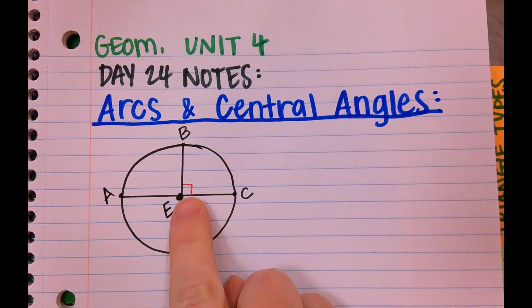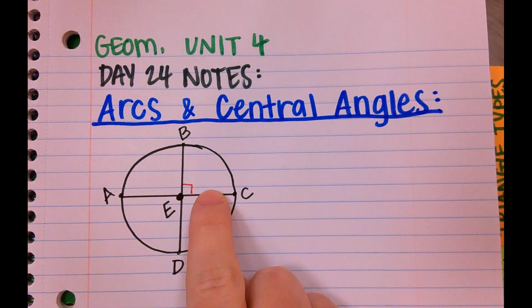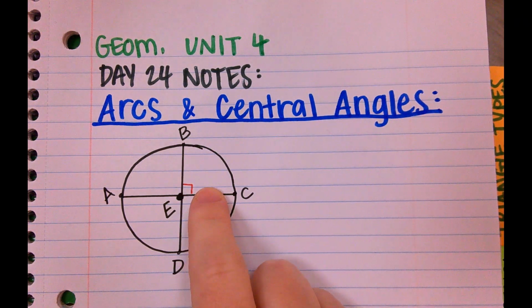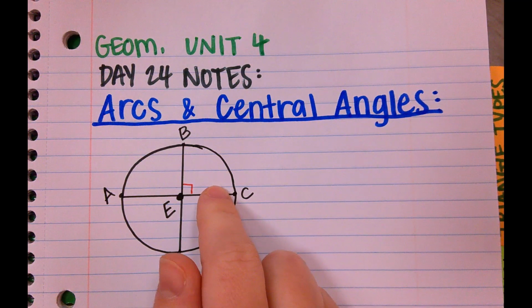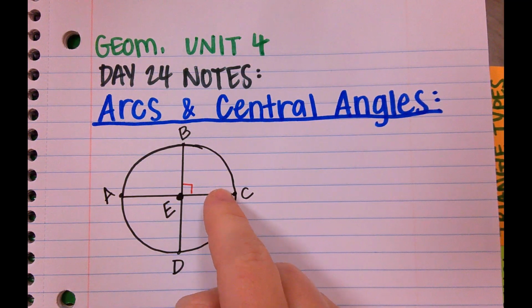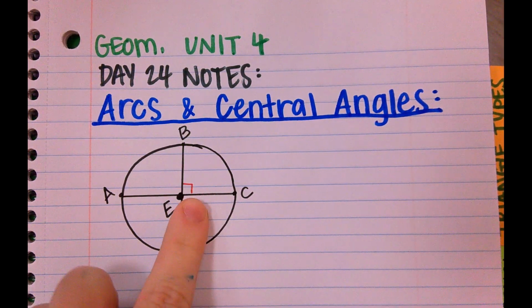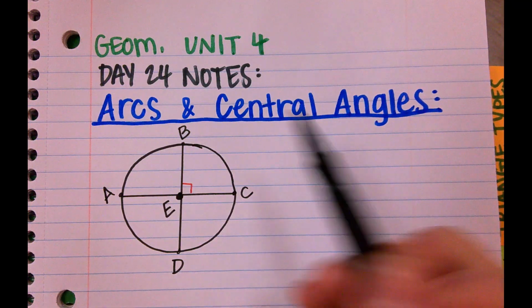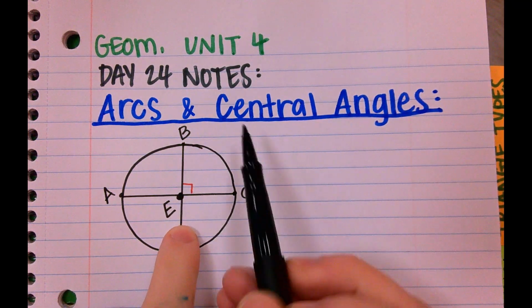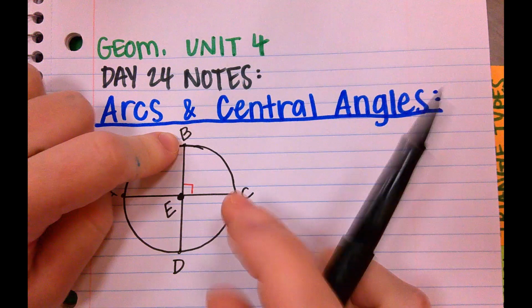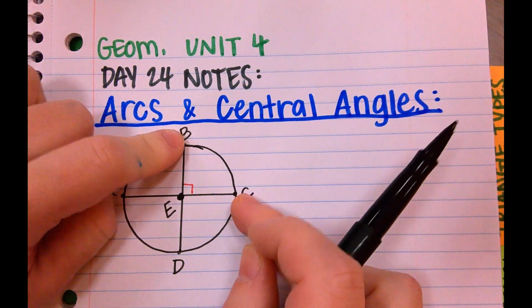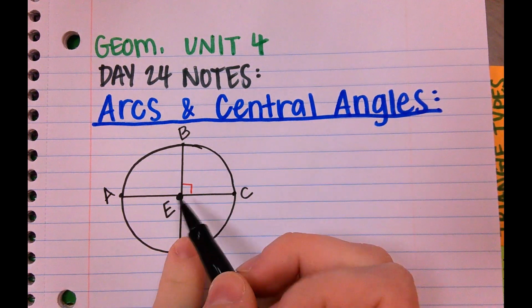So if this angle here is 90 degrees, first of all, let's make sure we know how to label angles in a circle. We have a 90-degree angle here. And the way that we label angles is we take these outer points, and they will be the outer points of our label.